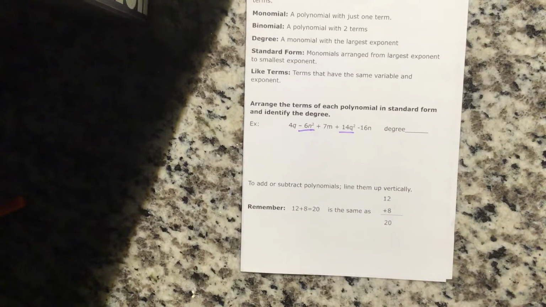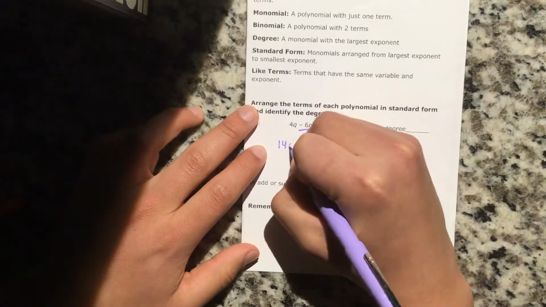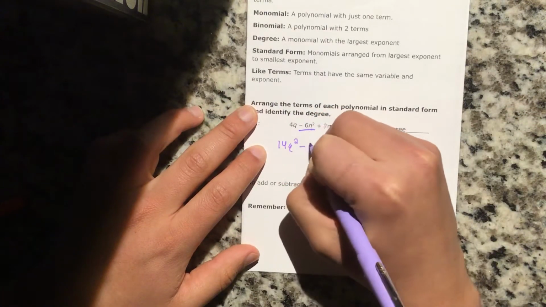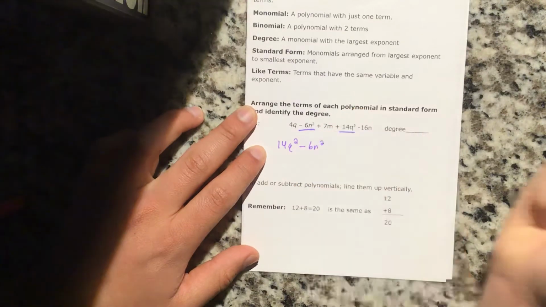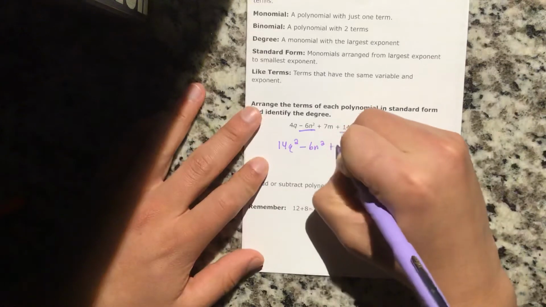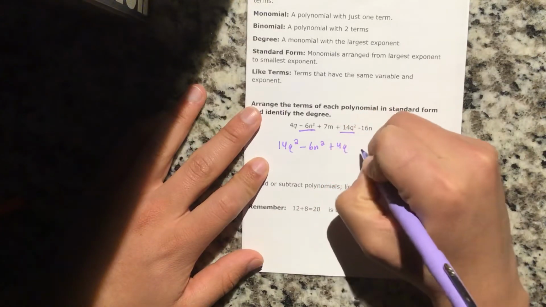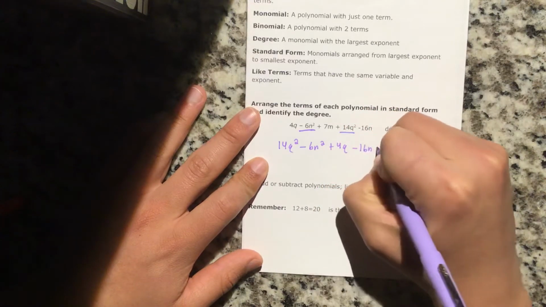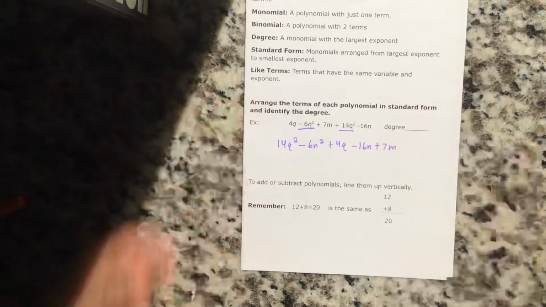So I'm going to bring those to the front. So when I rewrite this, I'm going to rewrite it as 14q squared minus 6n squared. And then I'm going to put the rest of my monomials at the end. So I can put plus 4q minus 16n plus 7m, okay?